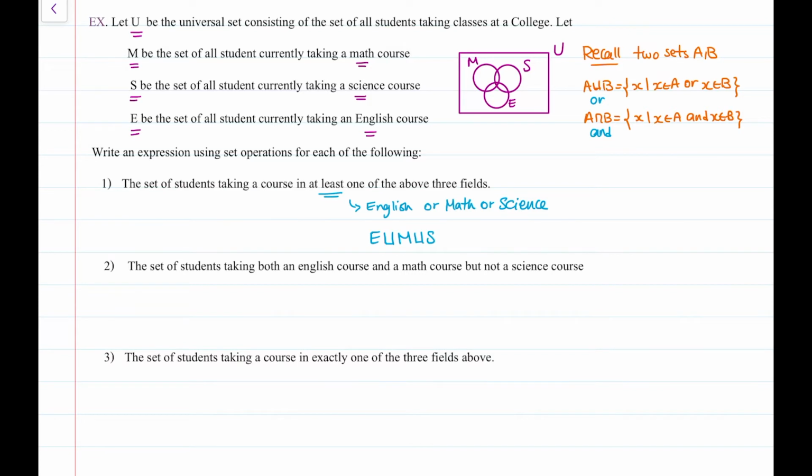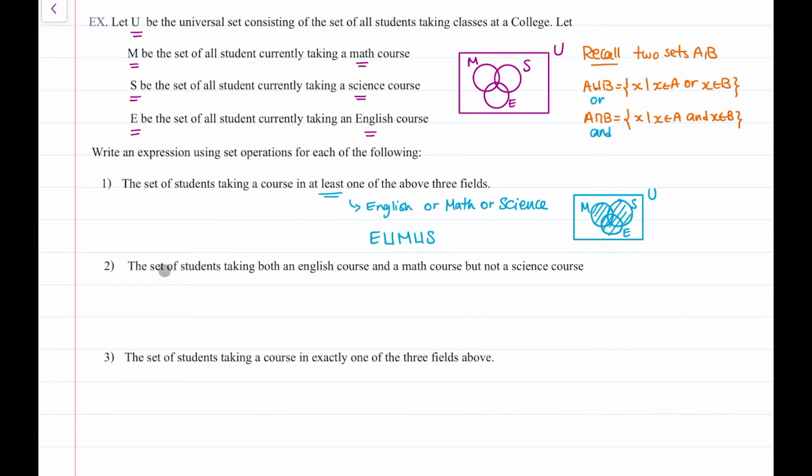If I want to have the Venn diagram in this case, this is the universal set, then I have my three sets, M, S, and E, and for showing all the students who are taking at least one of these courses, it would be the union of all of them, the whole thing in here.